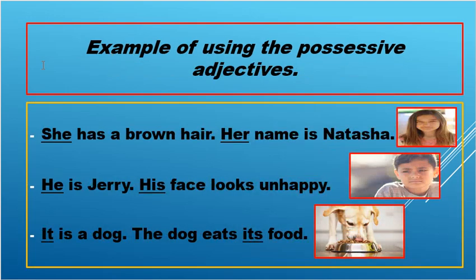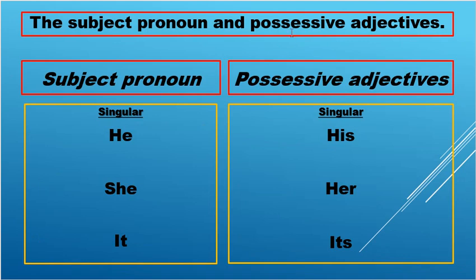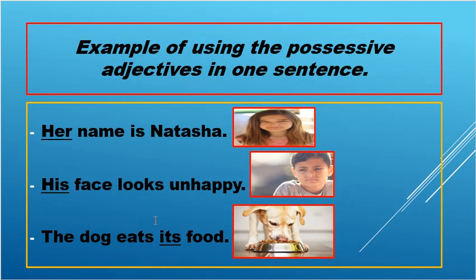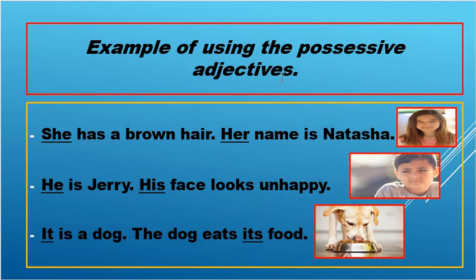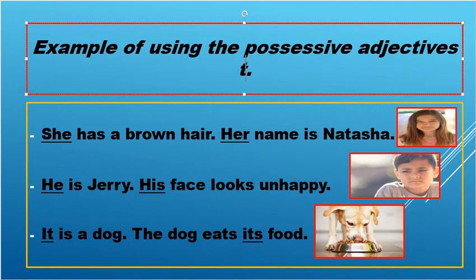When you learn the subject pronouns and possessive adjectives, it becomes easy to make a short sentence. So this one is an example of using the possessive adjectives in two sentences. Here I'm going to show you, class.